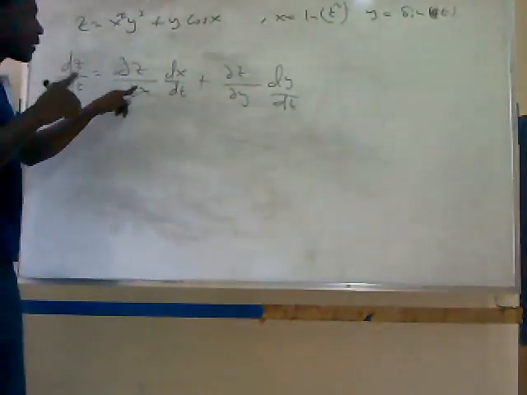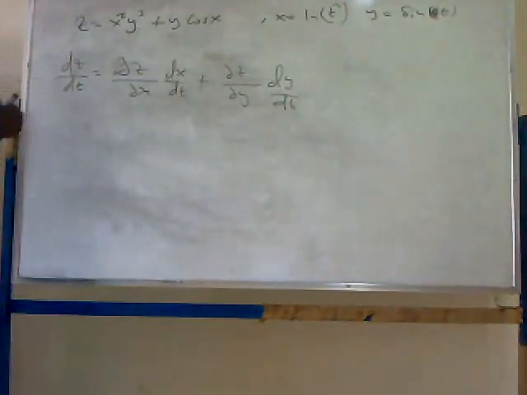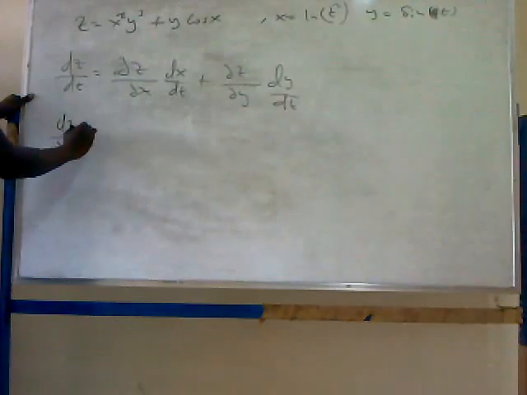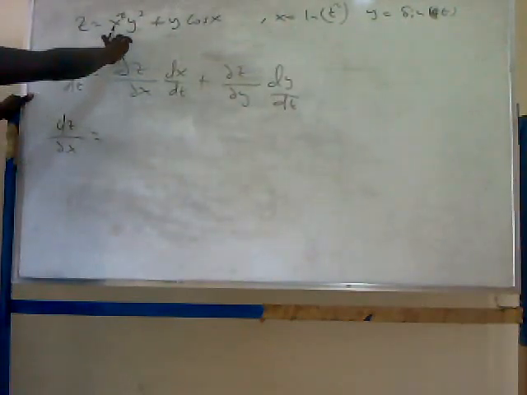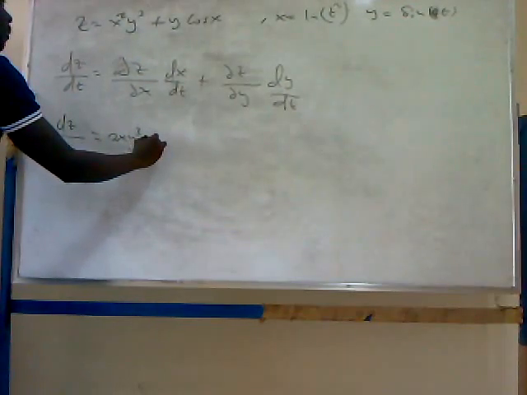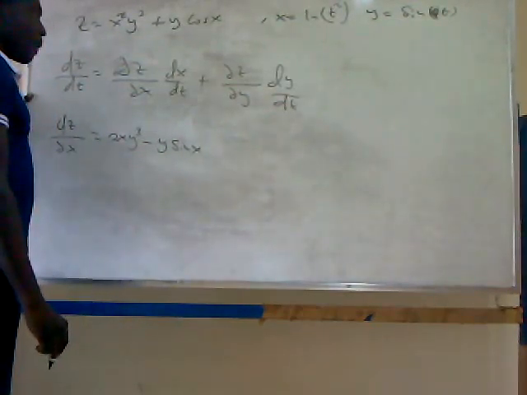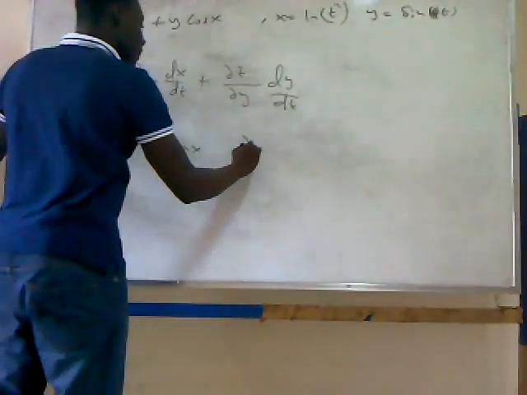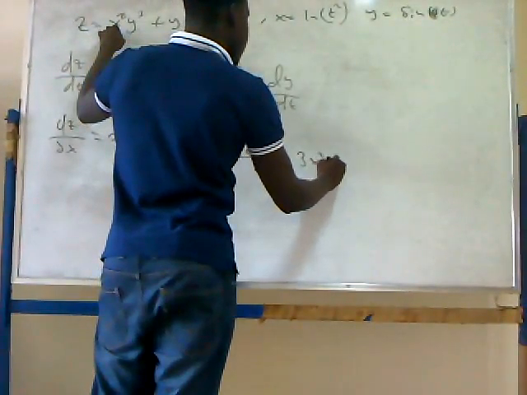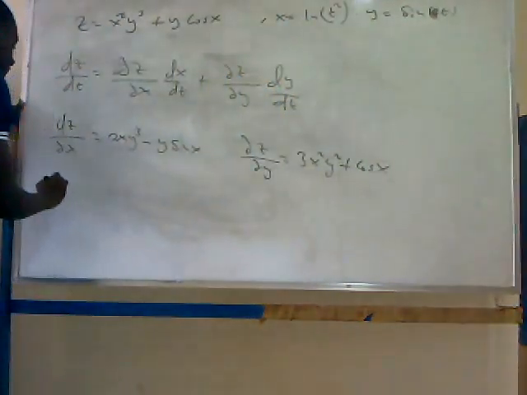So I find del z/del x, dx/dt, del z/del y, and dy/dt. Del z/del x is equal to, if I differentiate with respect to x, I'm going to get 2xy cubed minus y sine x. Del z/del y, I'm going to get 3x squared y squared plus cos x.